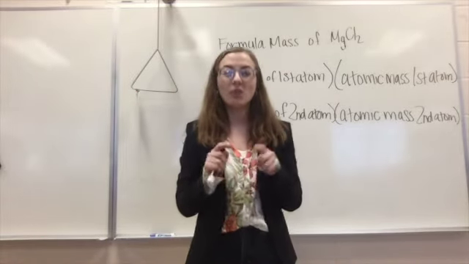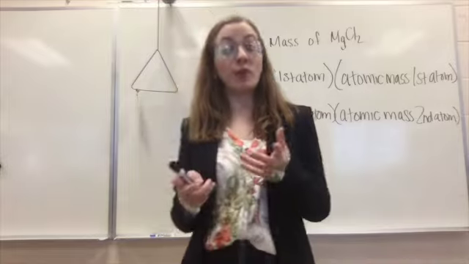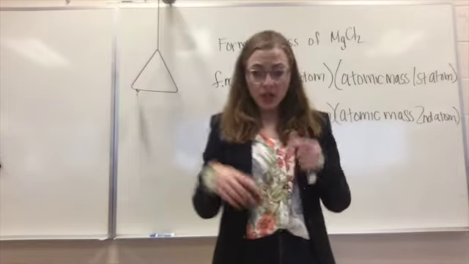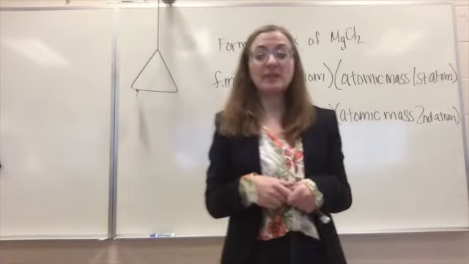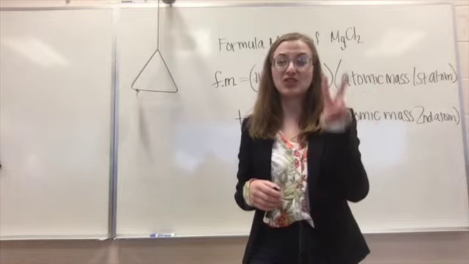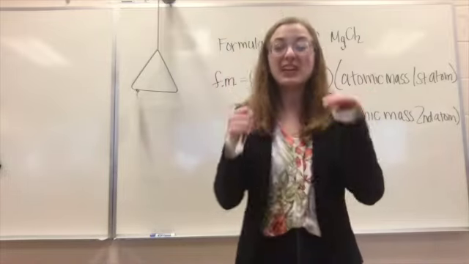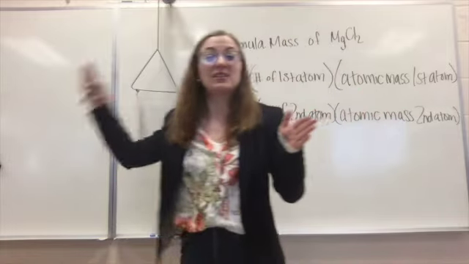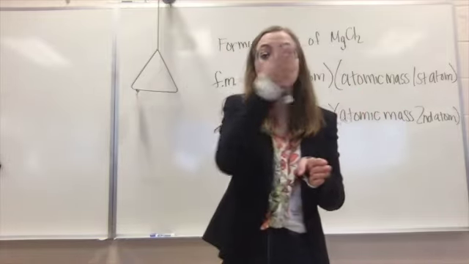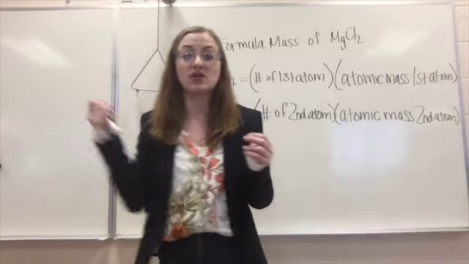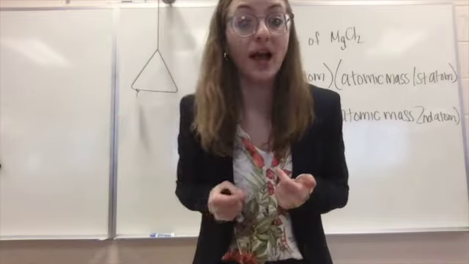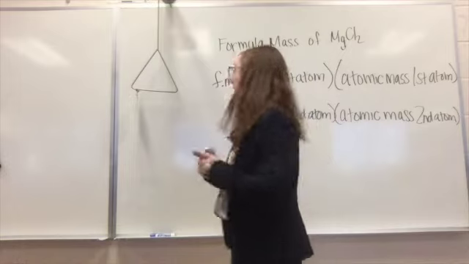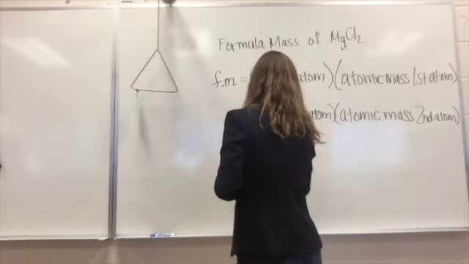Okay, so I'm going to do one more quick example of how to calculate formula mass. I just want to make one thing clear. I'm giving you 2 examples that only have 2 different kinds of atoms in them. If you need to calculate the formula mass with lots of different kinds of atoms, you do it for every kind of atom you have. So if I have one of those polyatomic ions like sulfate, let's say I have magnesium sulfate instead.